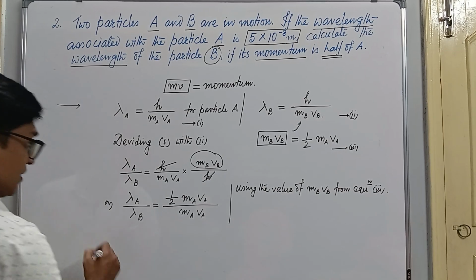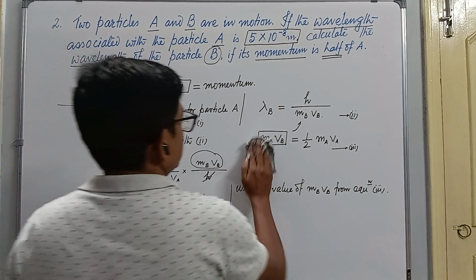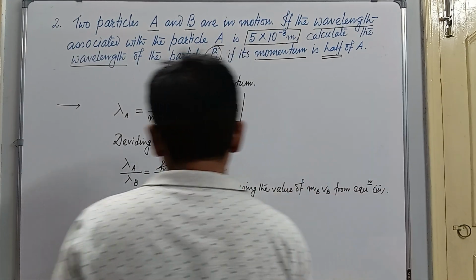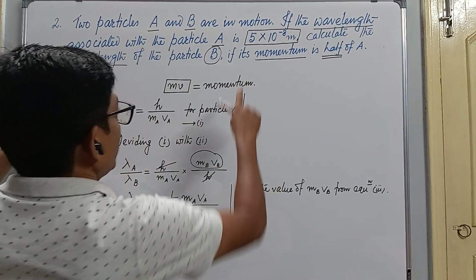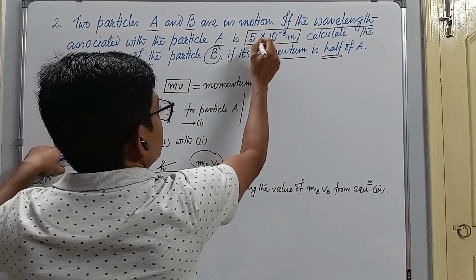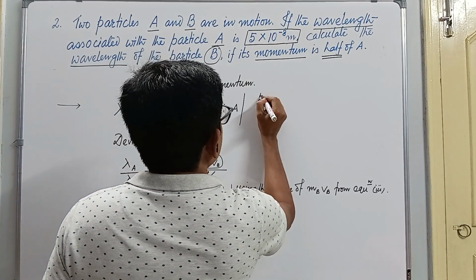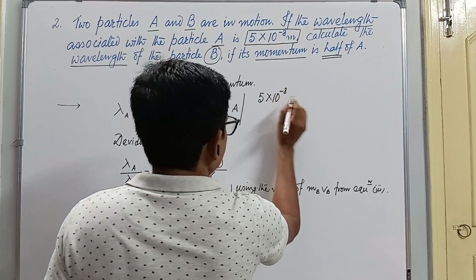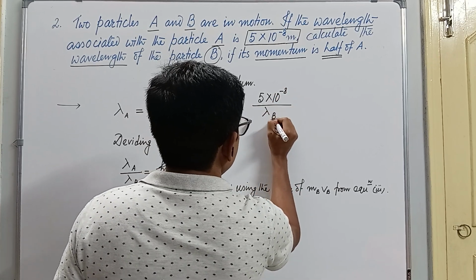Okay, I am writing this one additionally so that all of you can understand. So the last stage of this numerical problem is, we are almost there to get that answer. I am erasing this part and I will take it on this side. They have provided the wavelength for A, that is 5 into 10 to the power minus 8. So I'll put this value, 5 into 10 to the power minus 8. I am not writing the meter right now, I'll show you at the end.